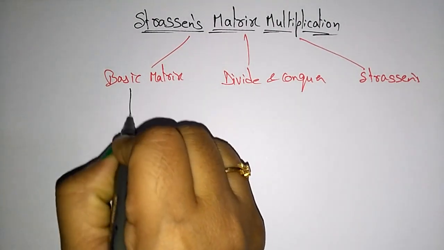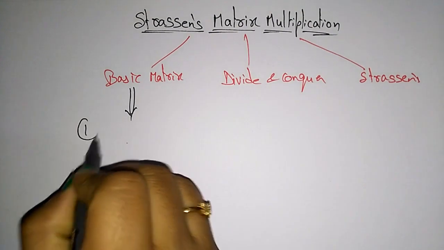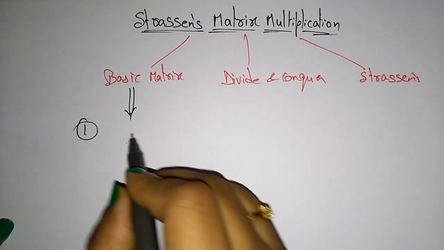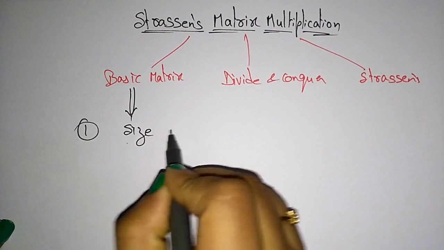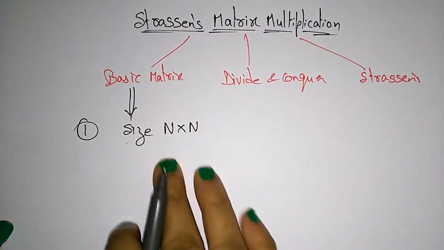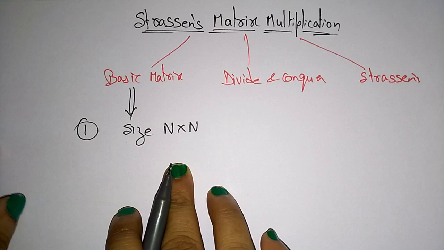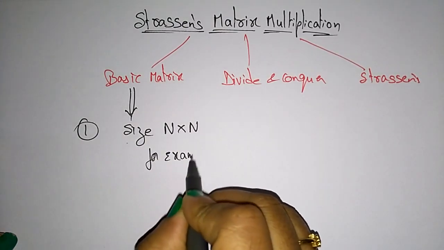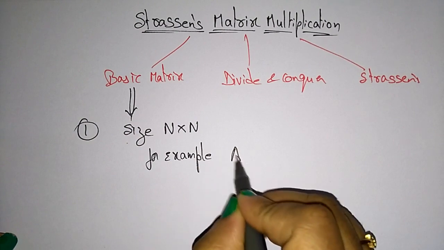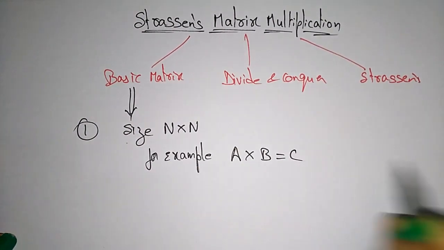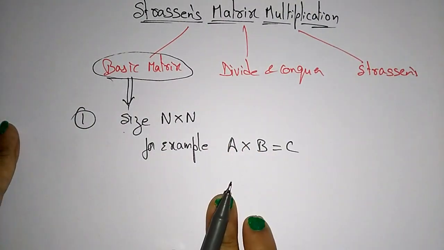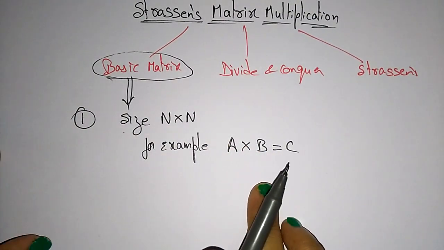First let me take this basic matrix multiplication. If you want to multiply any two matrices of size n by n, for example, A cross B is equal to C. This is the basic matrix multiplication I am explaining now.